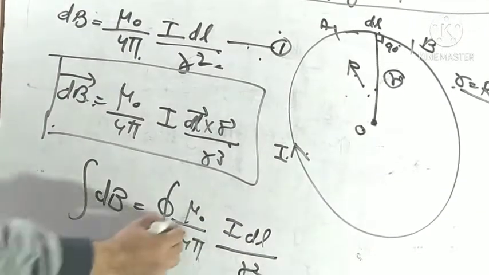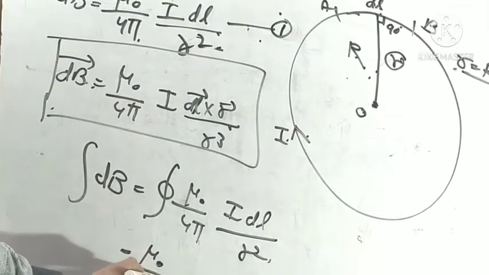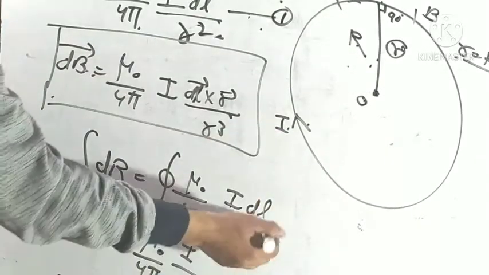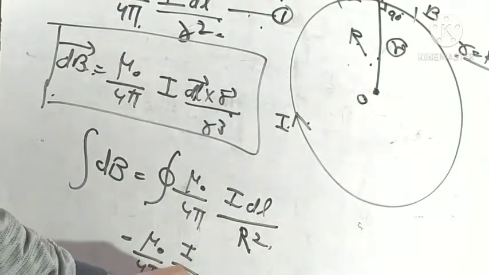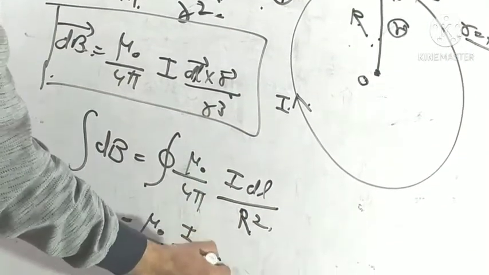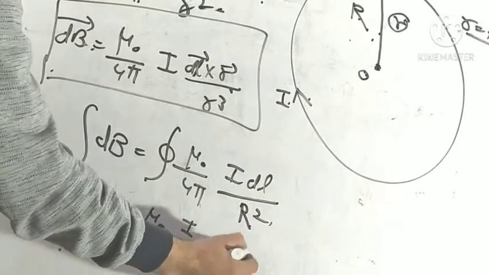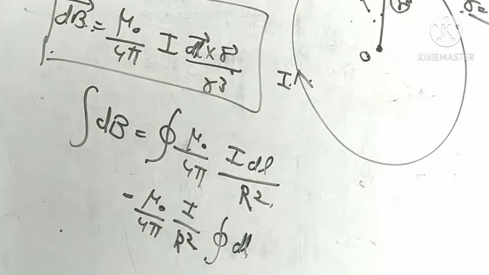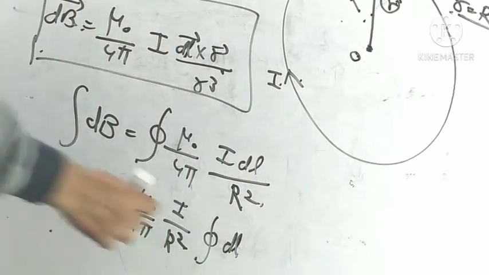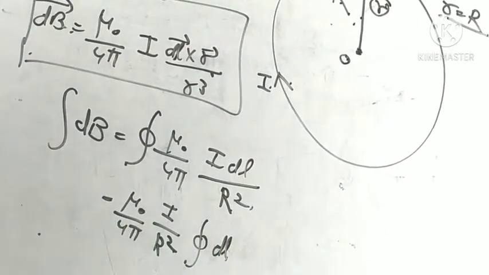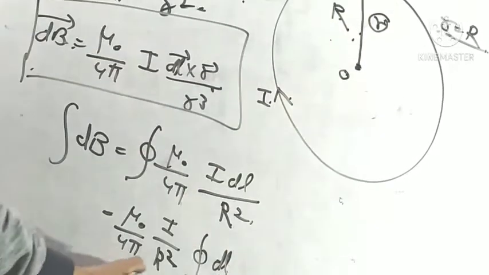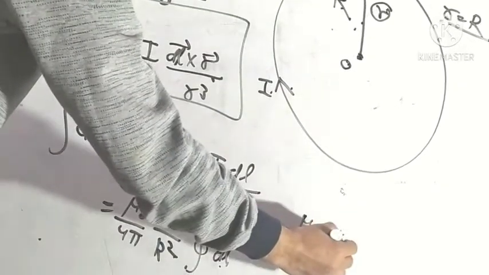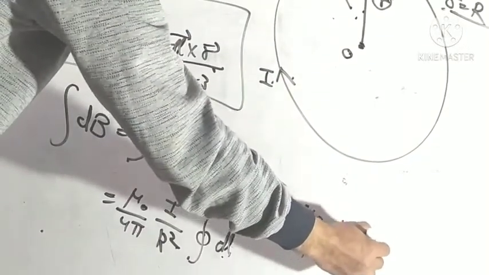Here mu naught is constant, 4 pi is also constant, current I is constant, and the radius of the circular loop is constant, so r square we can write as capital R square, which comes outside the integration. What is left inside the integration is dl. Integrating dl gives 2 pi r, so we get mu naught upon 4 pi I upon R square times 2 pi R.